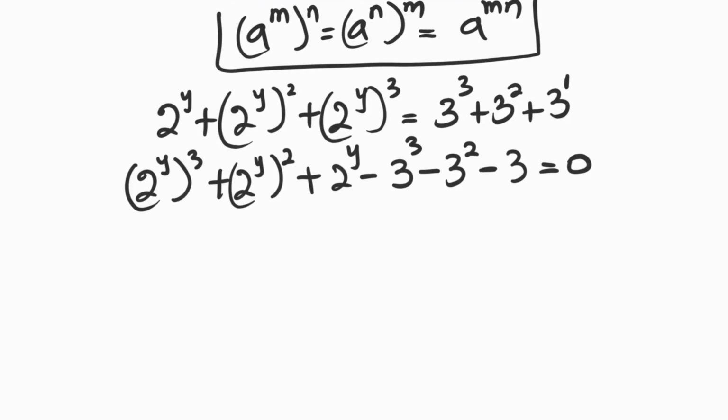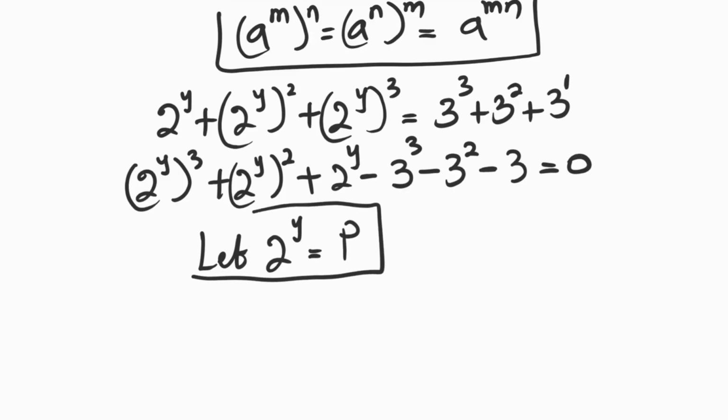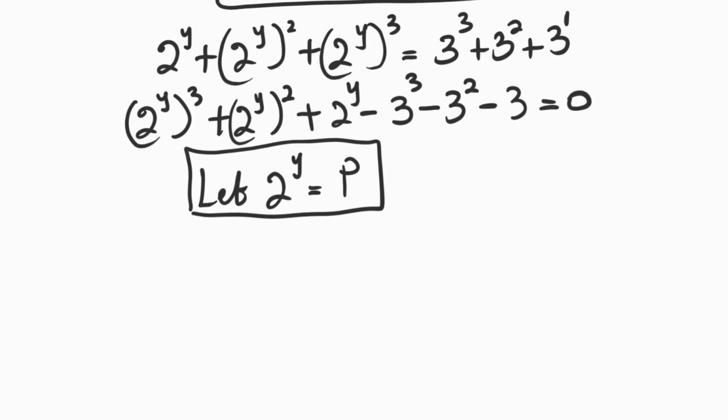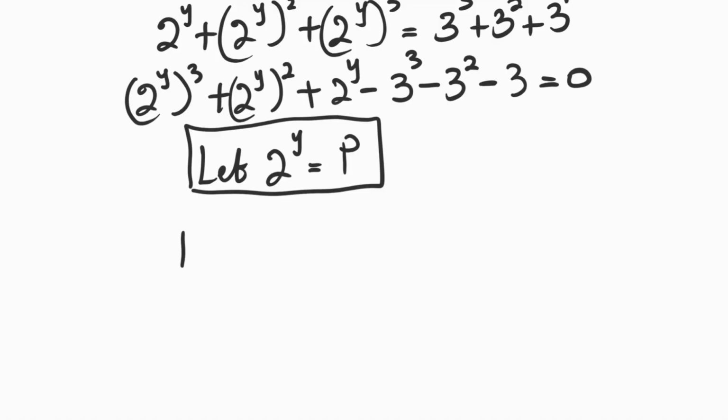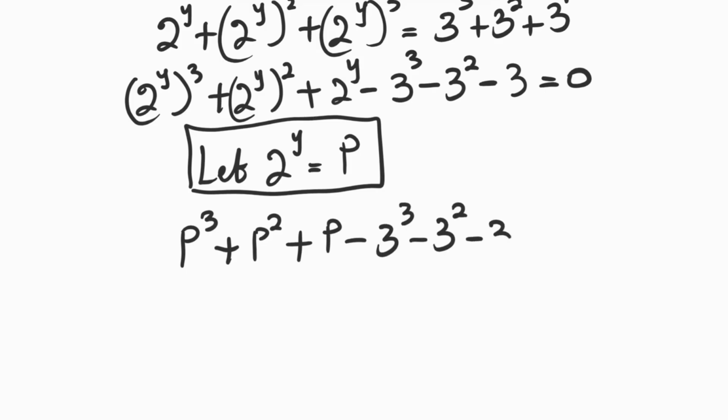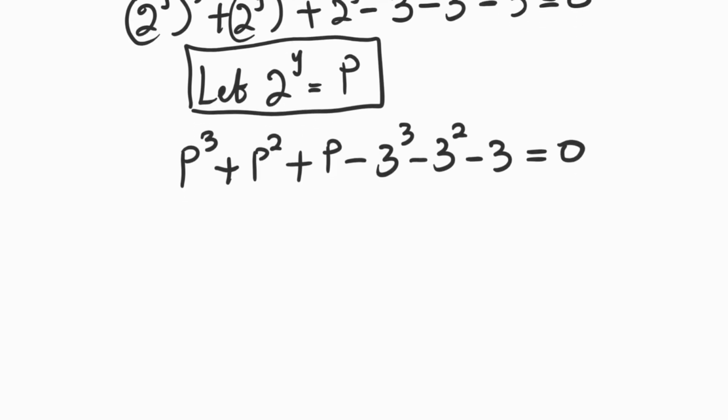Now, let 2 raised to the power y equals p. All right? And then we're going to come back to that later on. So now the equation becomes p cubed plus p squared plus p minus 3 cubed minus 3 squared minus 3 equals 0.